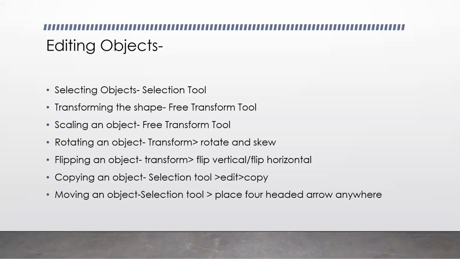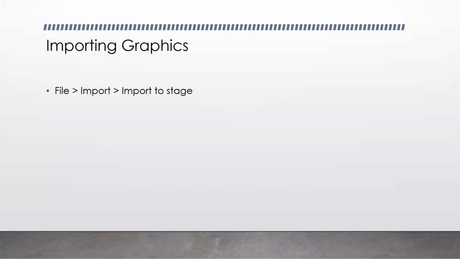So all these things you have to learn in editing objects: which tool, and how you are going to apply the changes. Next, children, is when you have to import graphics. It is given on page number 47 in your book. When you have to import graphics into your Animate CC, first you click on file, then click on import, and then import to stage.